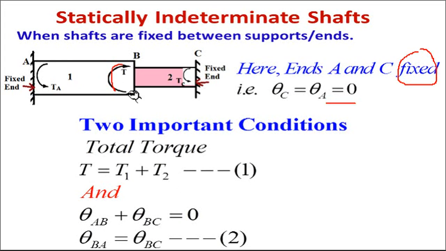This is the total torque applicable that will be divided into two parts, that is TA and TC. Instead of writing T equal to T1 plus T2, where T1 means torque acting on shaft 1 and T2 is torque applicable on shaft 2, we can write T equal to TA plus TC, that is also correct. And the second one is the slope.